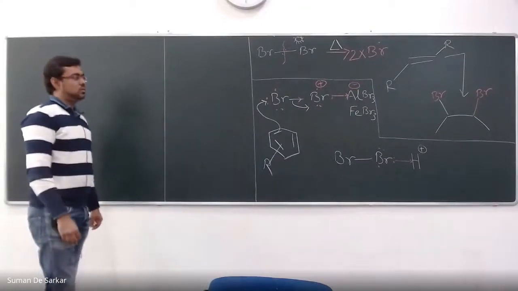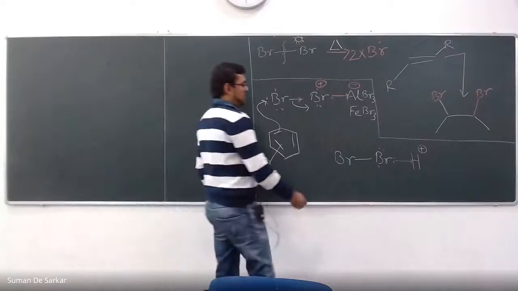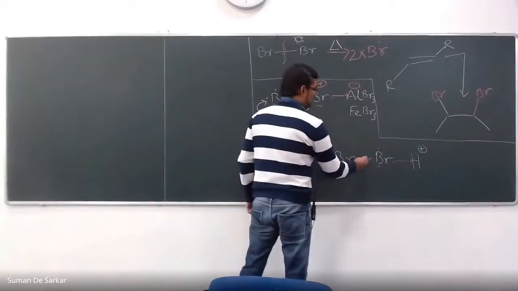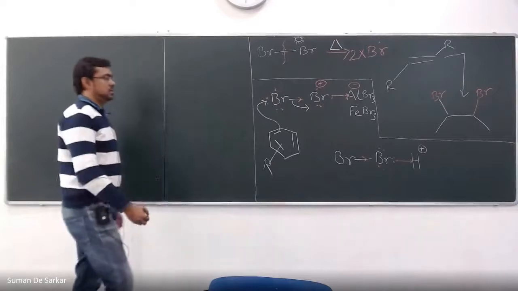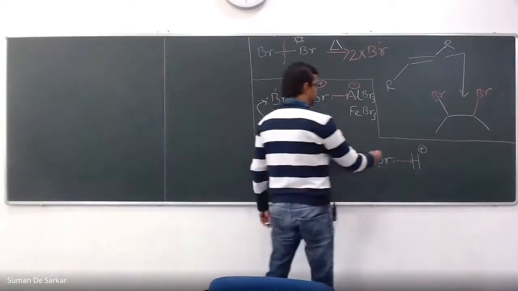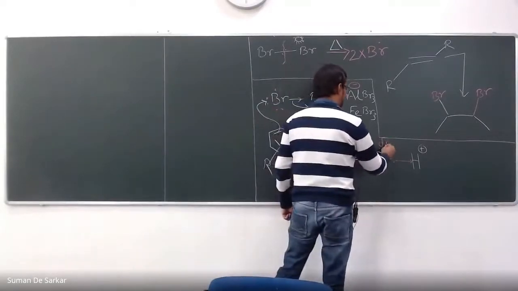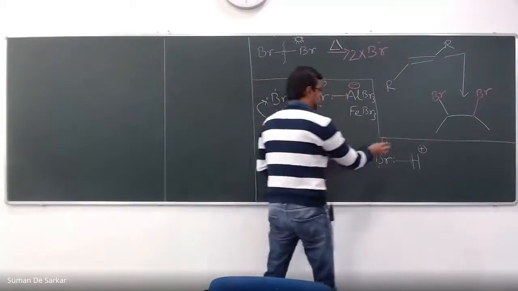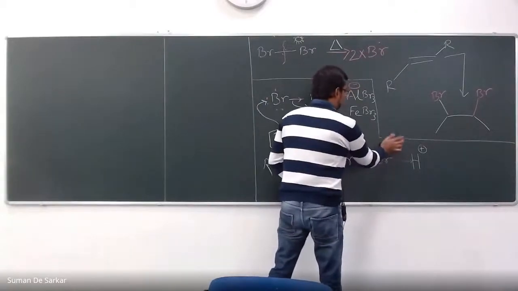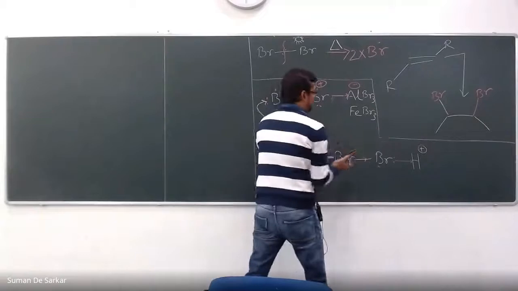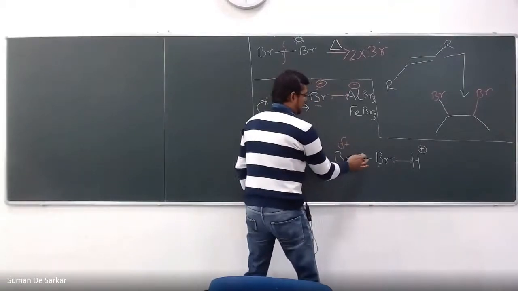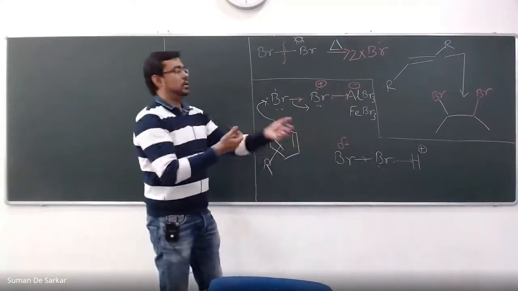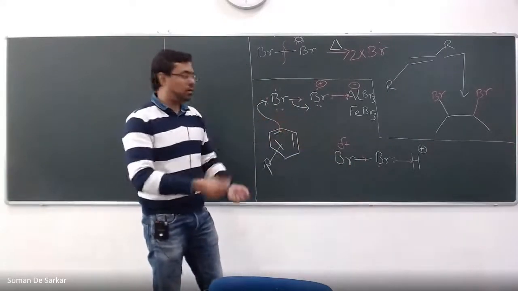So if it does like this, what will happen? There will be some polarity difference here. Basically, this guy is donating electrons. That's why ultimately there is a pull, you know, like when they're pulling a rope.